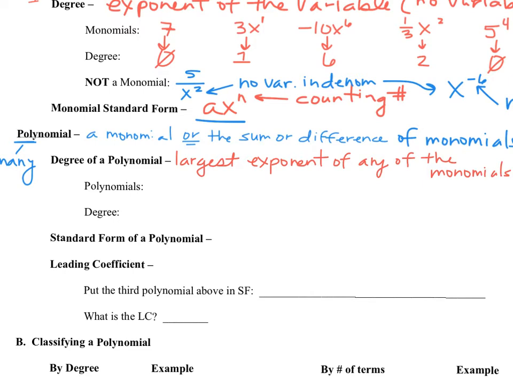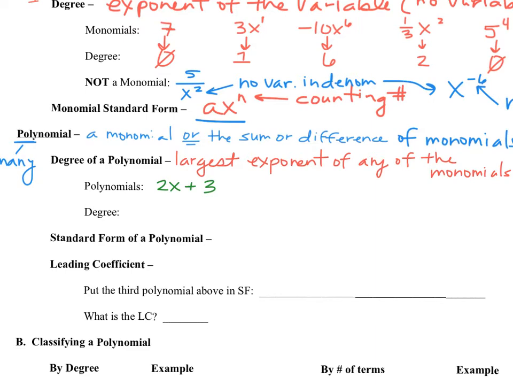So if you took all of your monomials together to make a polynomial, the one that has the largest degree is the degree of your polynomial. I'm going to give you a couple examples of polynomials, and then we're going to talk degree with those as well. You're going to want to do a little bit of spacing here, just so you can separate them. So one polynomial might be 2x plus 3.